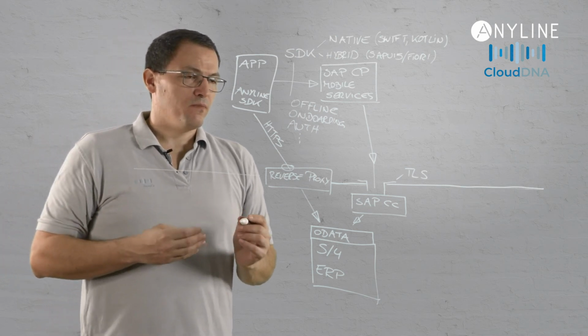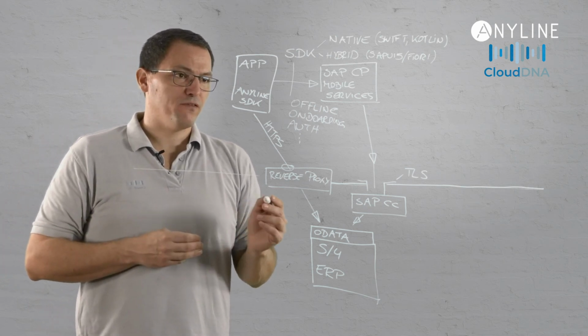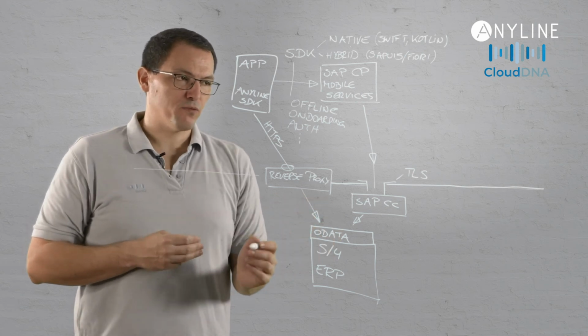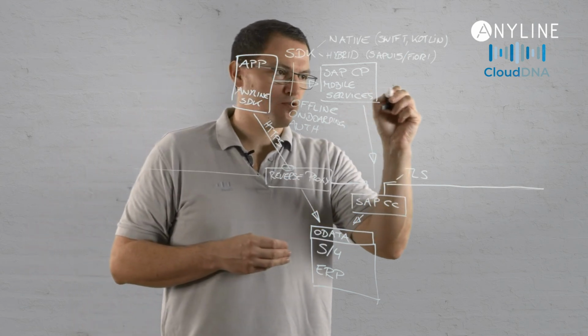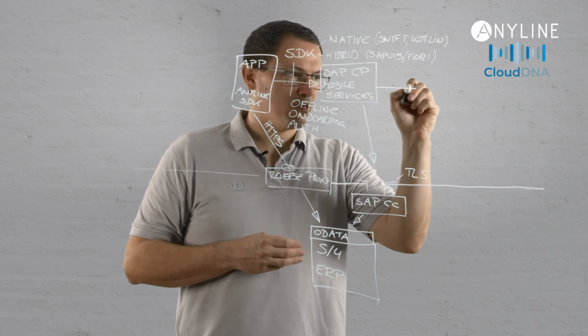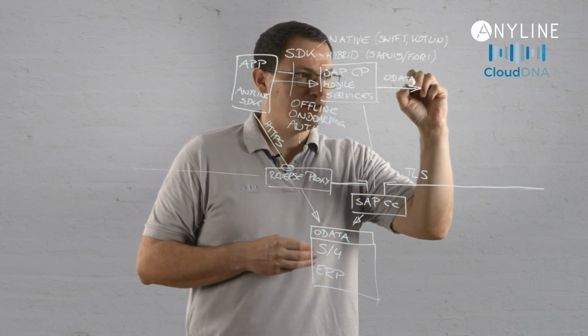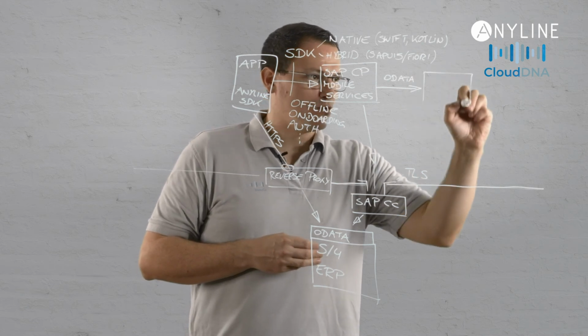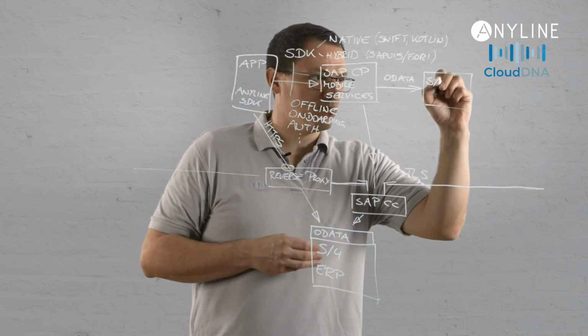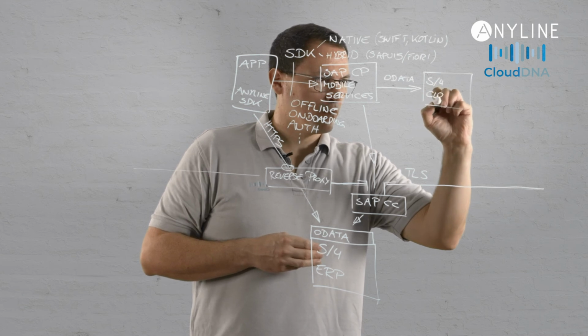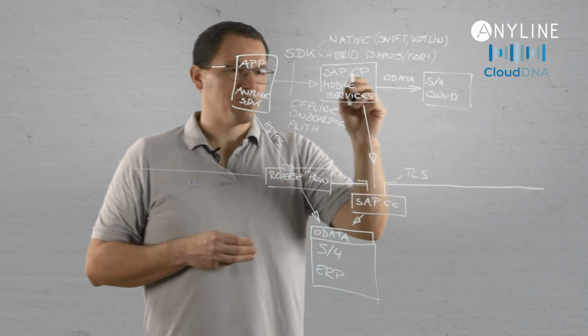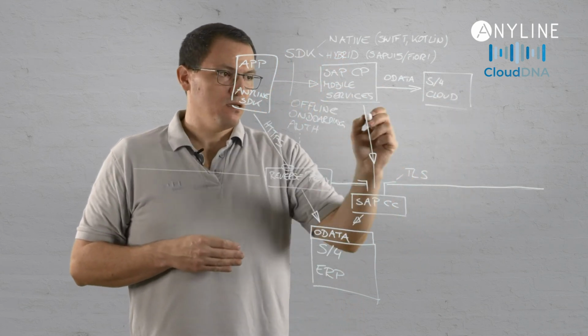Yes, and of course, if you don't have an SAP on-premise system, we can also connect this to cloud systems. So we can connect the cloud platform mobile services via OData, and that's the only requirement that we have, via OData to other cloud systems, like for instance S/4HANA Cloud. If your system does not provide an OData interface, there is another option.